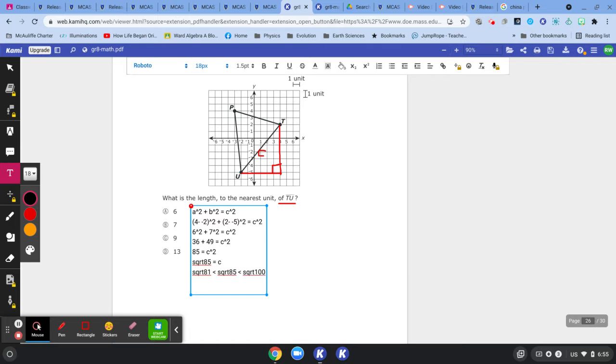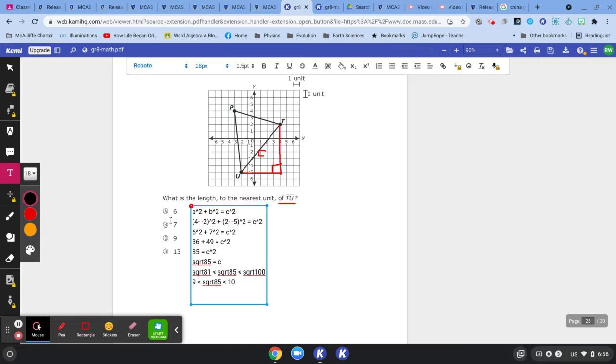So the square root of 81 is 9, and the square root of 100 is 10. So our square root is between 9 and 10. It's going to be closer to 9, and the only option on here that would work is C.